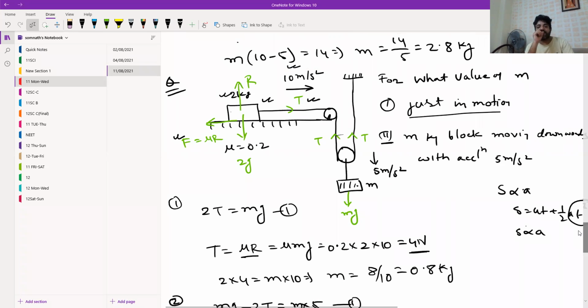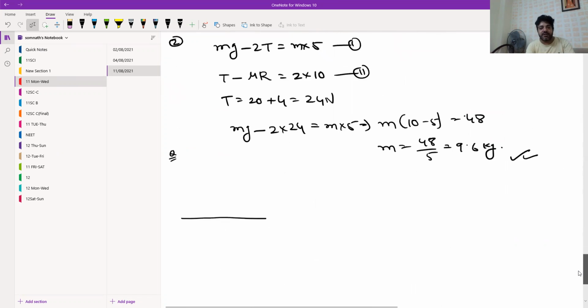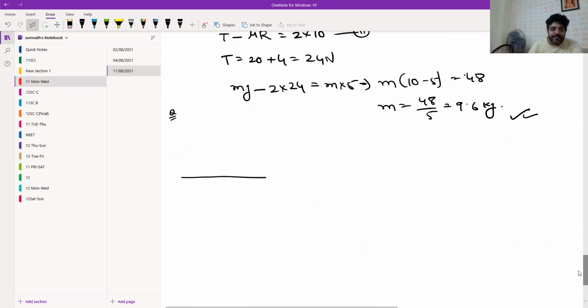We have to find for what value of m the block is just in motion, and for what value of m the m kg block moves downward with 5 meters per second. Now it's on the table. Now I make that table a little bit inclined.